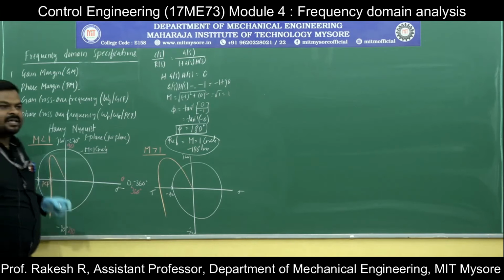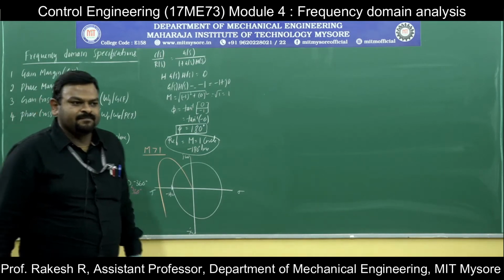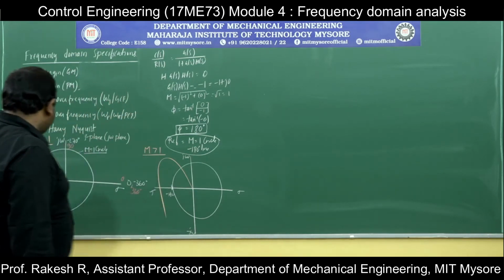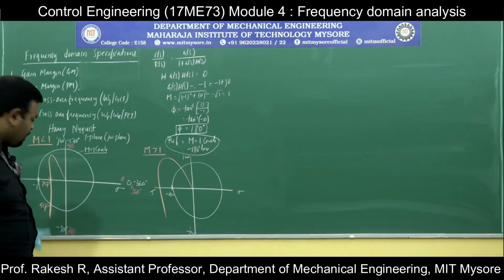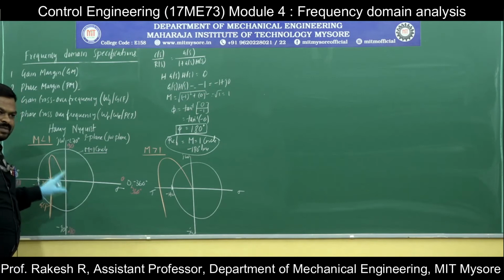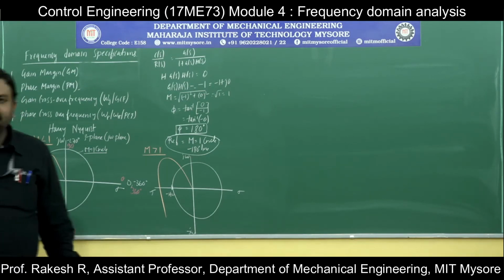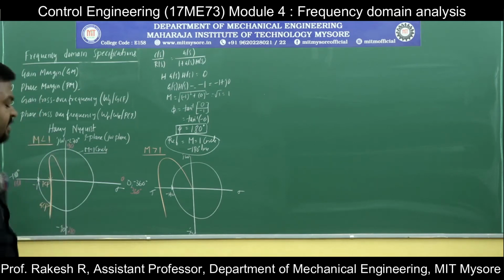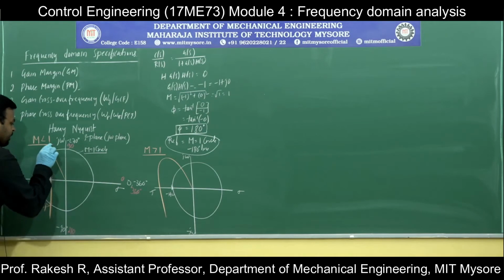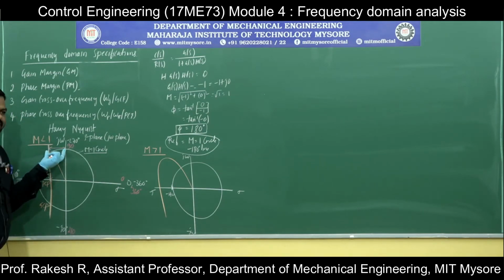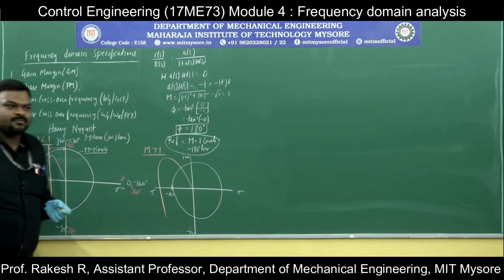Phase crossover point and gain crossover point. For the analysis purposes, these two are very important, and they will always be there in all the problems. Whenever I get a phase crossover point and gain crossover point, I locate this magnitude. This itself is the magnitude of the given frequency response.